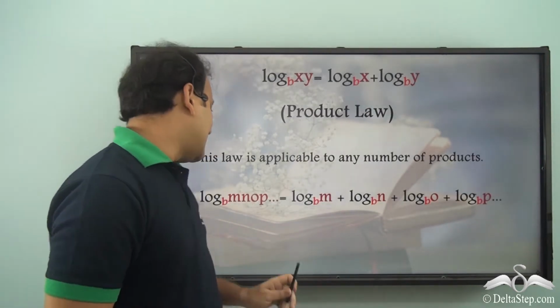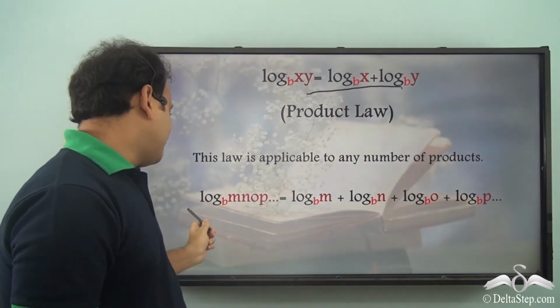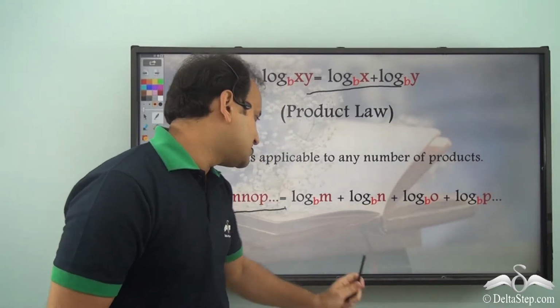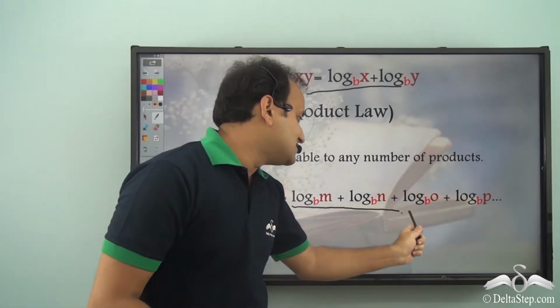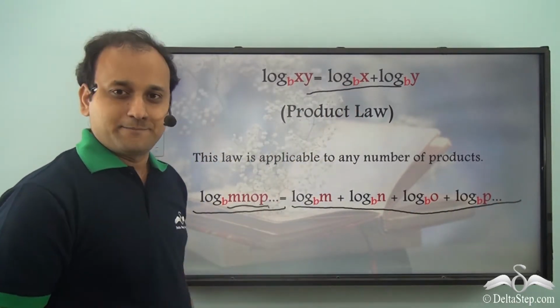That means that not only this, if something is like this where you have M, N, O, P, any number of products, then they can be separately added as number of times as the product is there.